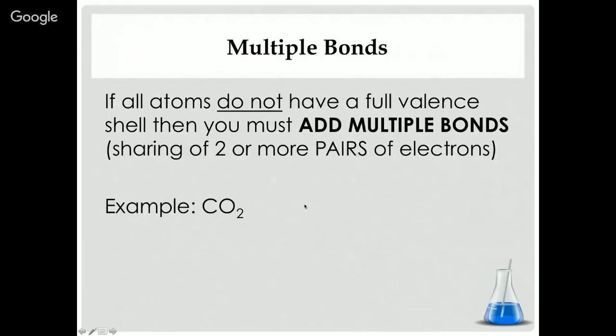What happens then if we give out all our valence electrons and we don't have a stable octet for everyone? So we don't have a full valence shell for all our atoms. That's when we have multiple bonds being used, and we get a double bond or a triple bond. The most common example I would say would be carbon dioxide.